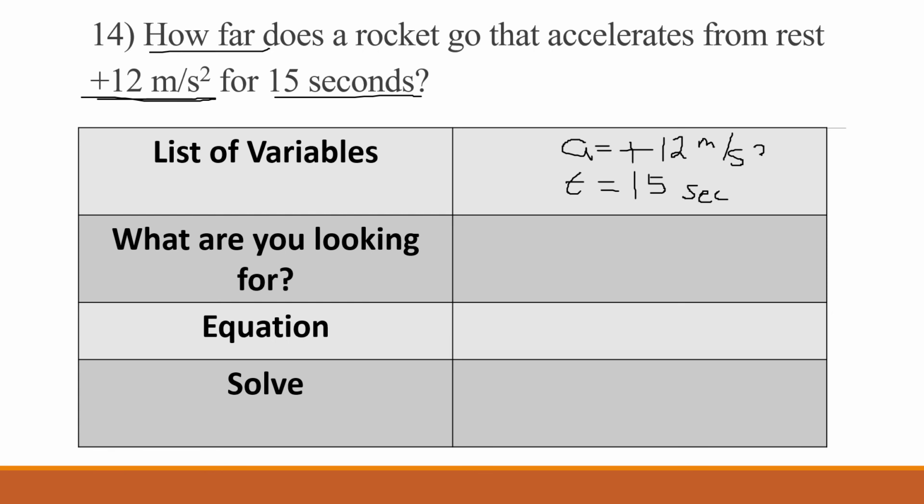When it says how far, that means I'm looking for distance. So if I have an equation that solves for distance, uses acceleration and time, that's going to be everybody's favorite: d equals 1/2 at squared.